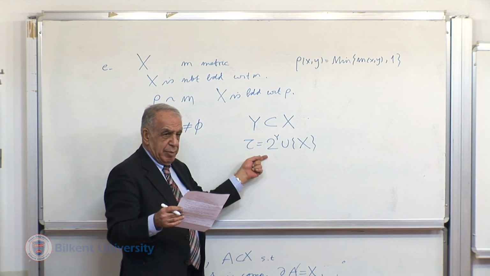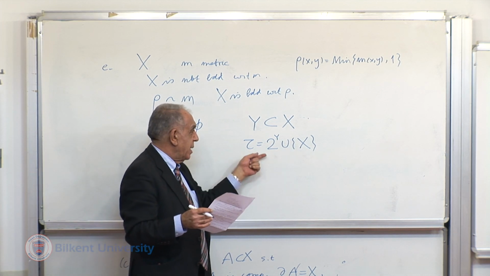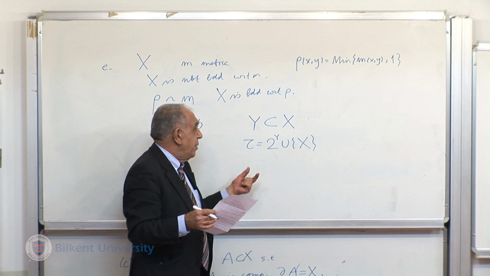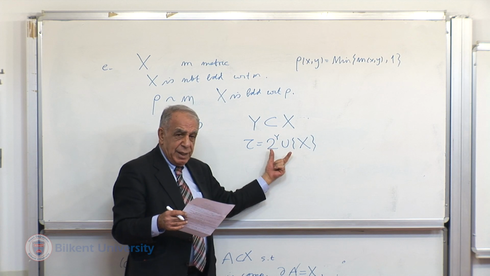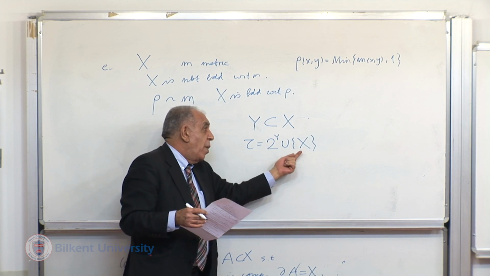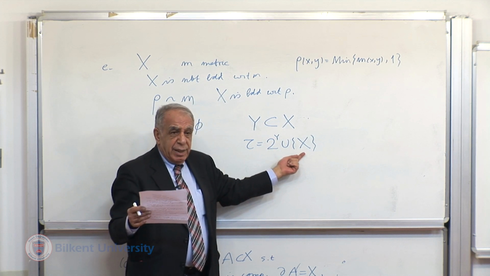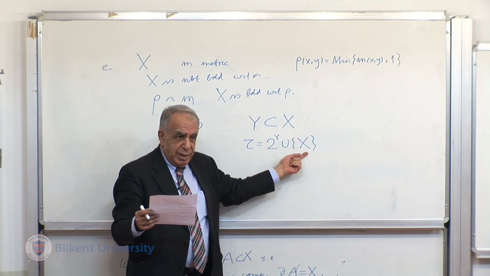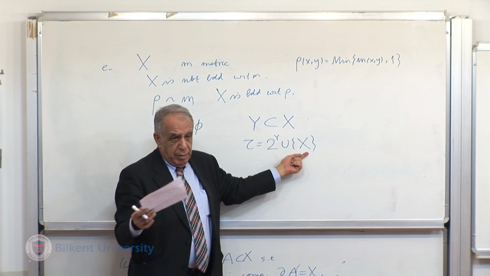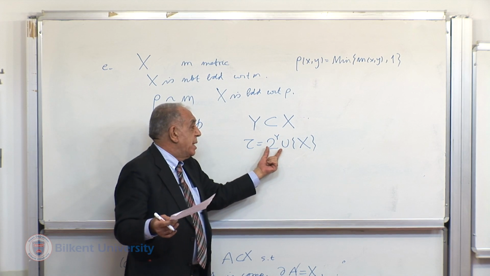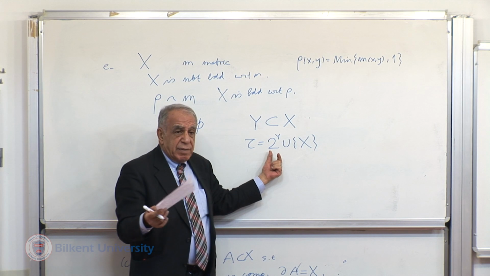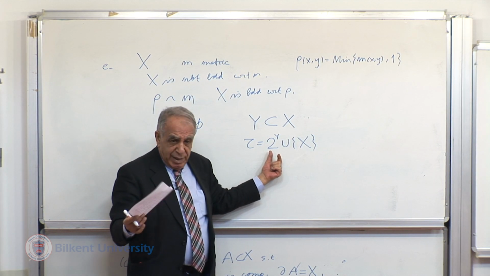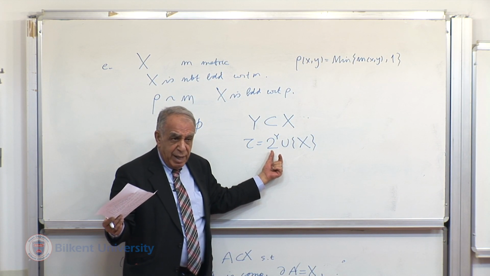The empty set belongs to this. X is explicitly in there. If you take a whole bunch of sets from this collection, if one of them is cap X, then the union will be cap X. If none is equal to cap X, they will all be subsets of cap Y. But if you take the union of subsets of cap Y, that's a subset of cap Y as well.